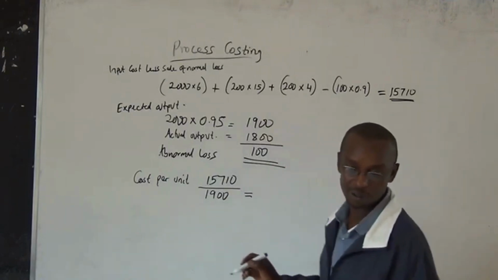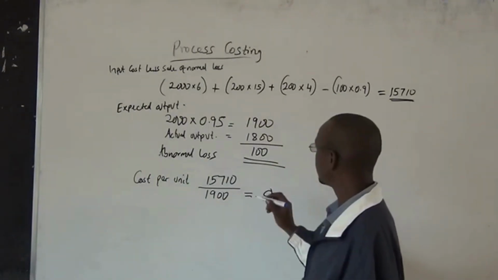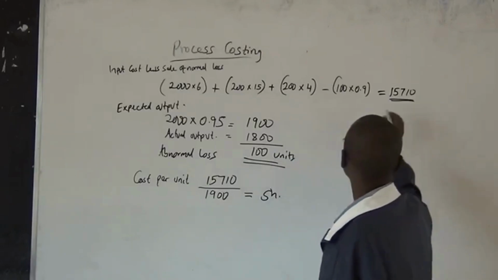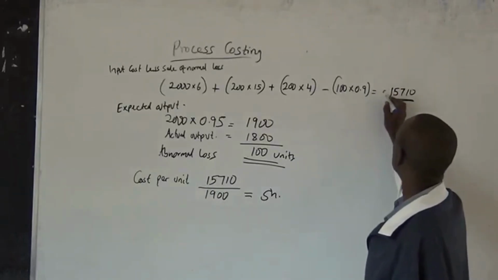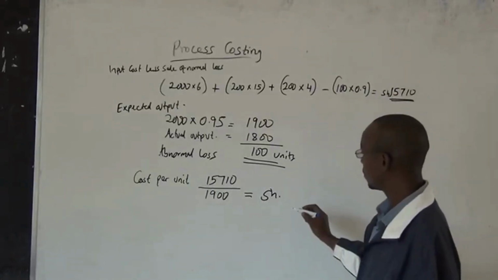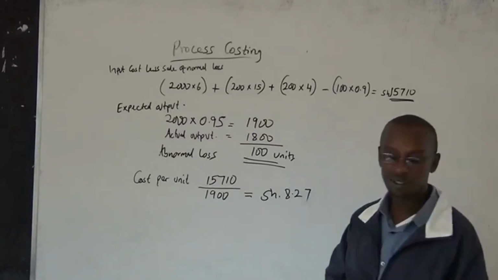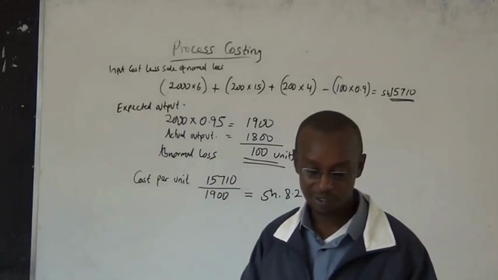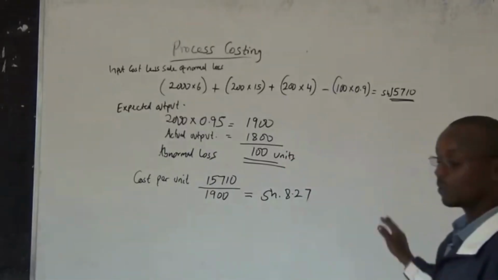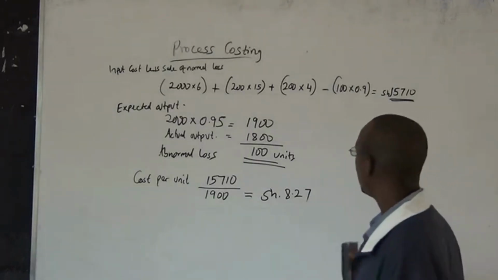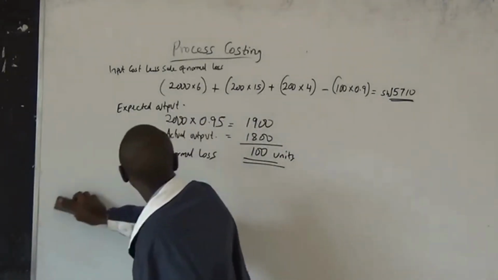Then it will give us what? Remember to put shillings where shillings is appropriate. So these are units, this is shillings. This is shillings 8.2 something. Now when you have come up with that, you can go ahead and draw your process account.